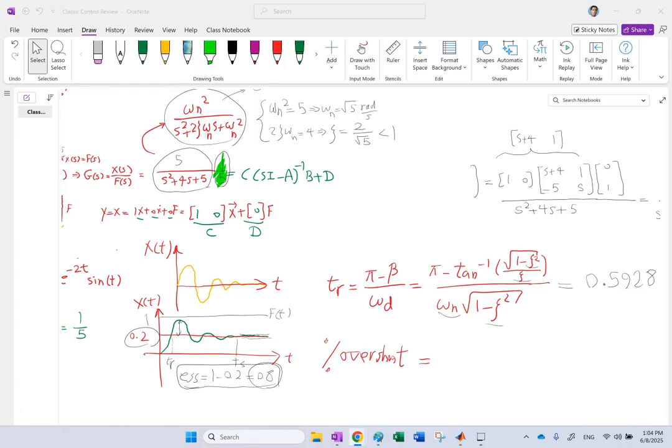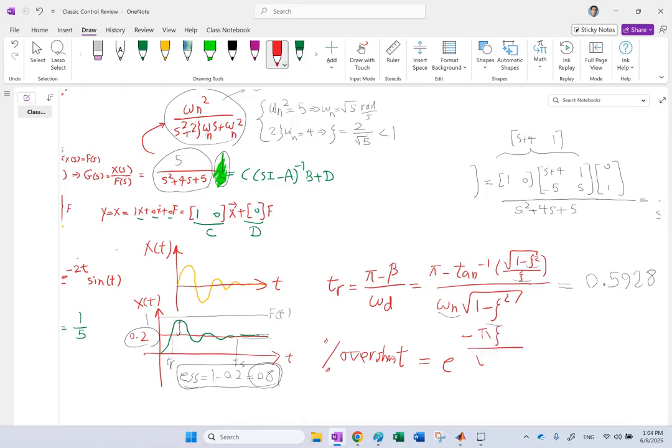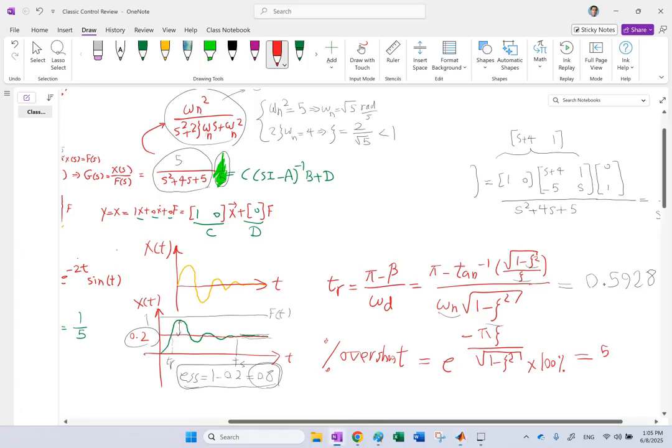If I want to write it for you, it is equal to e to the negative pi times zeta divided by that square root, and you have to multiply it by 100%. In this system, if you calculate it, I did it with MATLAB, you can do it with any software that you like, your overshoot percentage is about 5.9%.